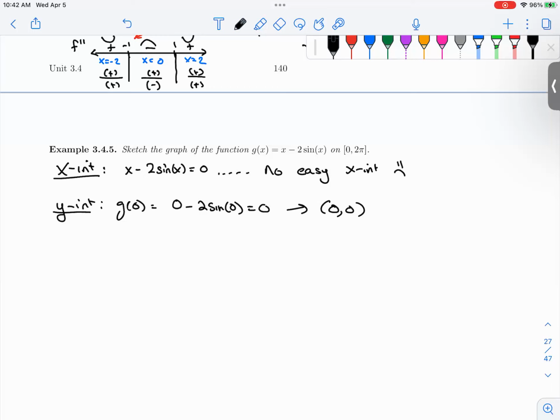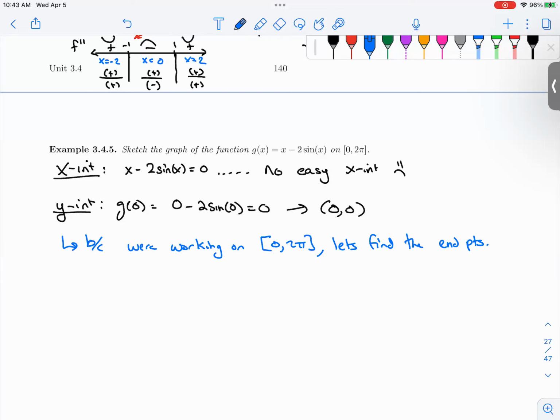Now, as an aside though, because we're working on a small closed interval, let's find the endpoints. Is it necessary?